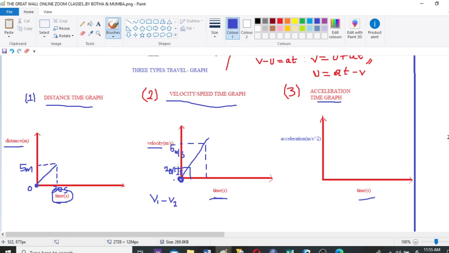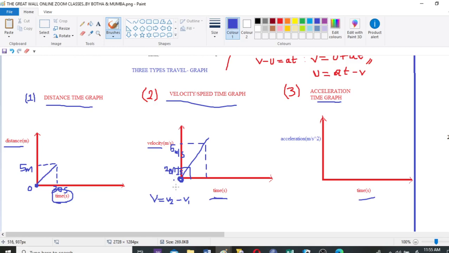So if we want to find the difference in velocity, the difference in velocity will be v2 minus v1, isn't it? The v2 will be the final velocity after the object has increased its speed, and v1 will be the initial velocity.